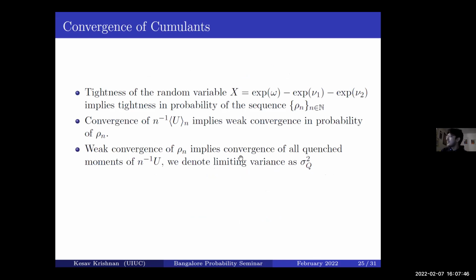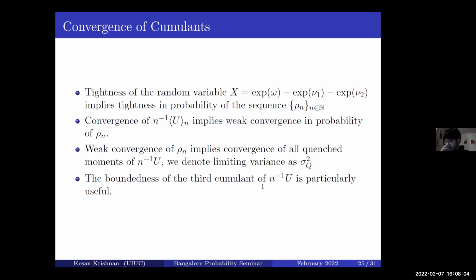So weak convergence of rho n implies convergence of all quenched moments of U divided by n, and we denote the limiting variance as sigma q squared. The boundedness of the third cumulant of U divided by n is particularly useful for proving central limit theorems, and we'll see that in a moment.